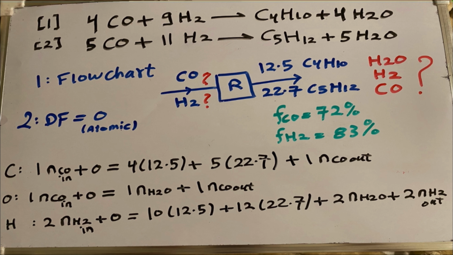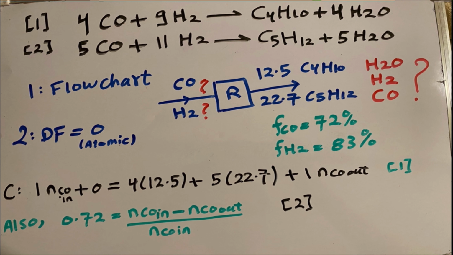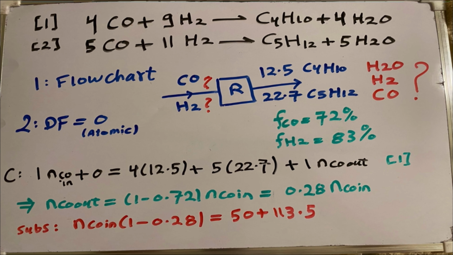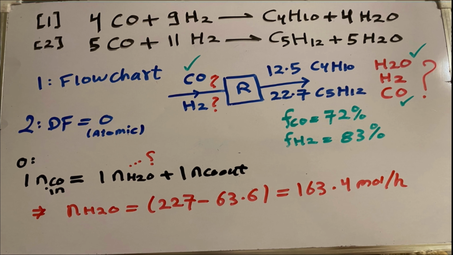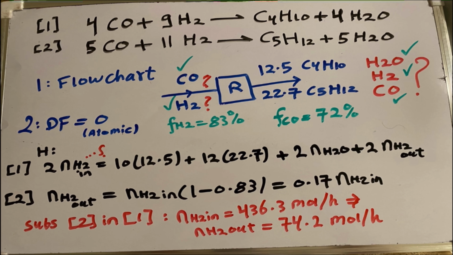We'll start with the carbon monoxide single pass conversion. We will find the carbon monoxide entering, and from that find the mole stream that will leave. We will do the same exact thing with the hydrogen. We have its fractional conversion.